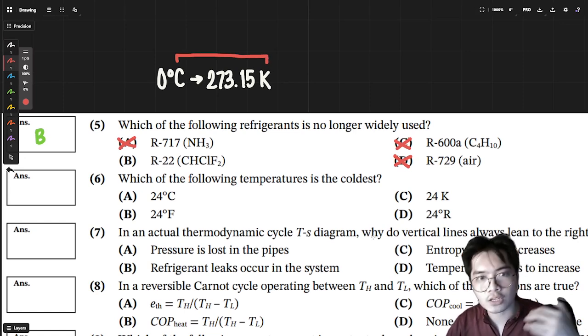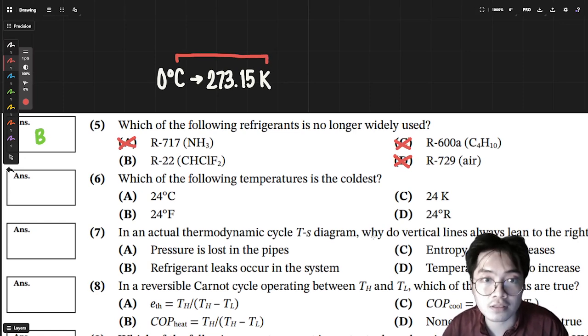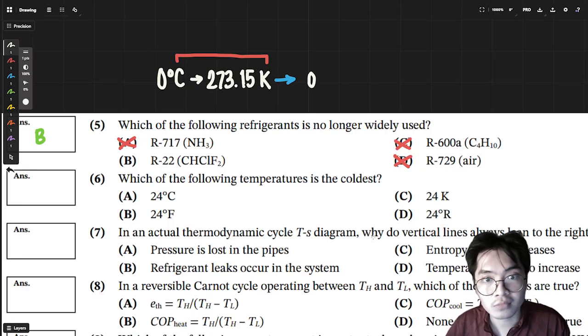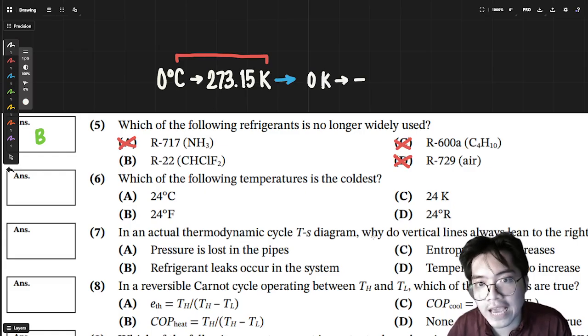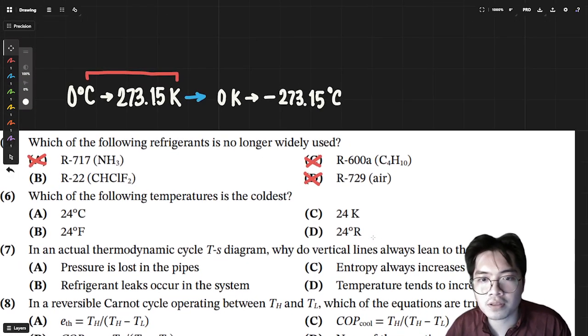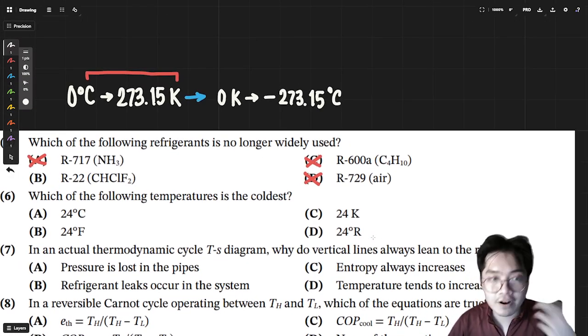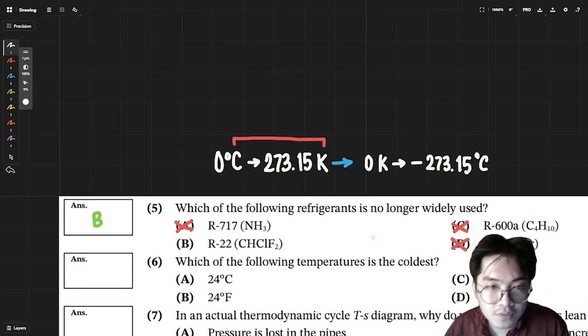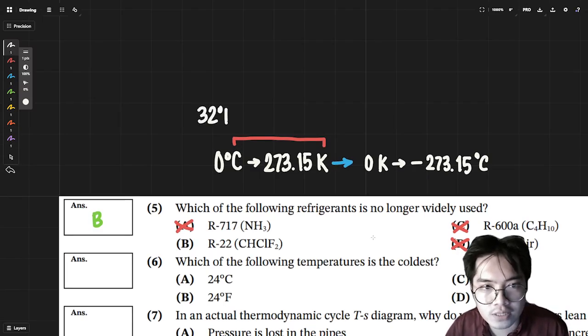That means that you are just stepping back. That means that the lowest possible temperature that you can attain is 0 Kelvin, or negative 273.15 degrees Celsius. And degrees Fahrenheit also has this kind of thing. For degrees Fahrenheit, the freezing point of water is 32 degrees Fahrenheit.